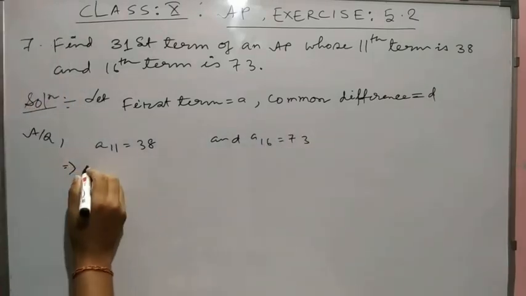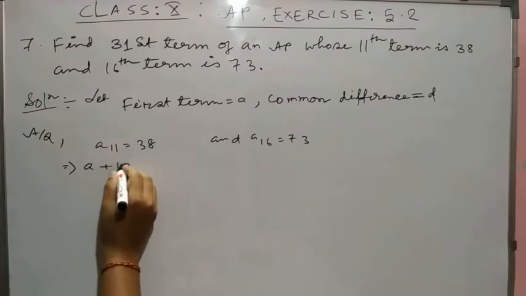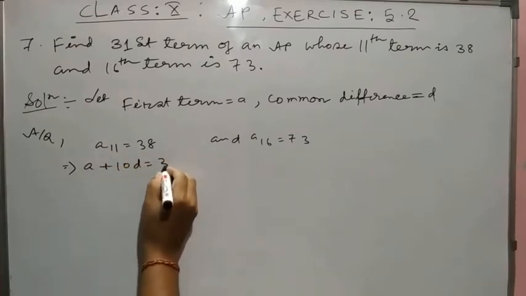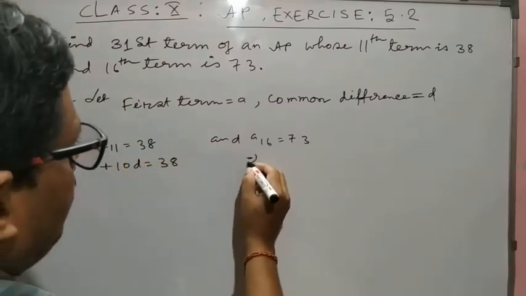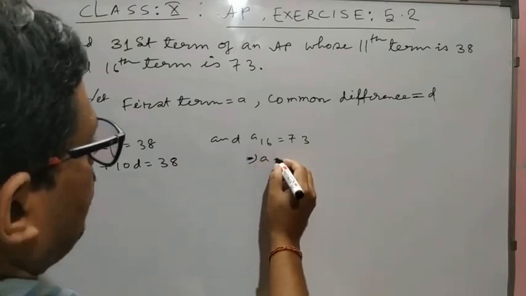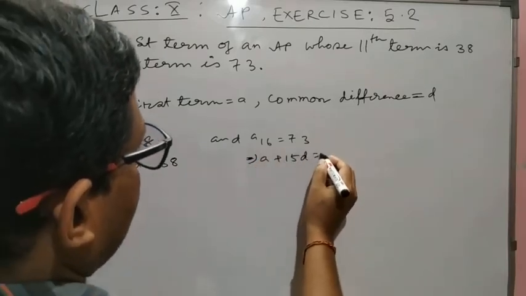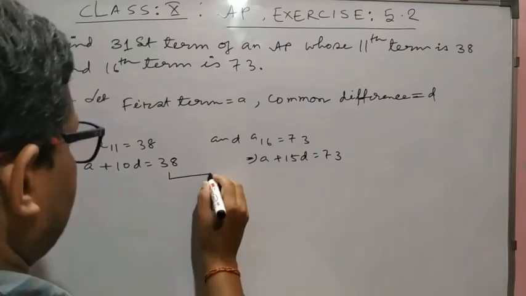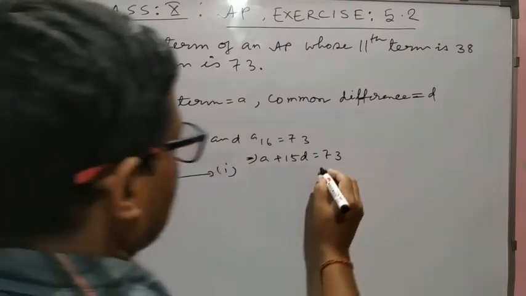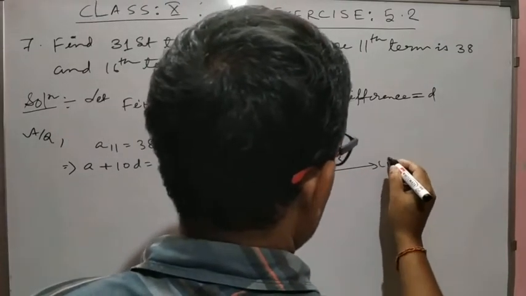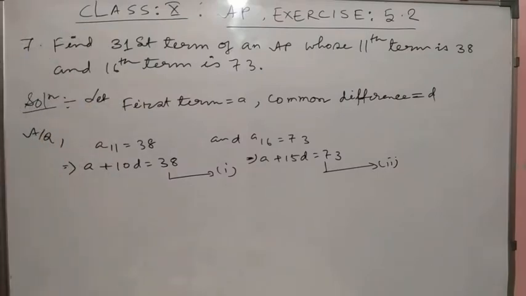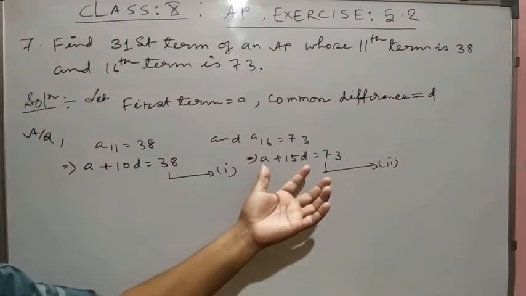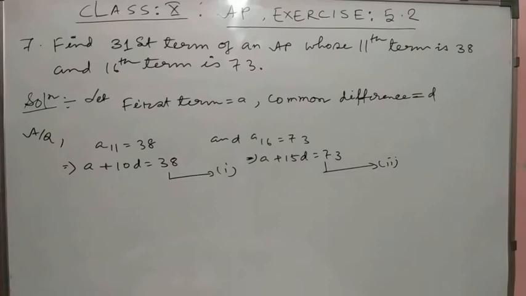So the 11th term is A plus 10D equal to 38 and A plus 15D equal to 73. Now this is equation one and this is equation two. Now we have to solve these two.